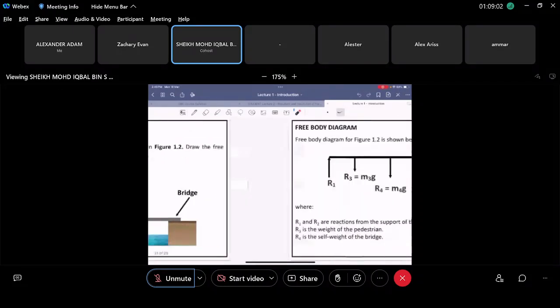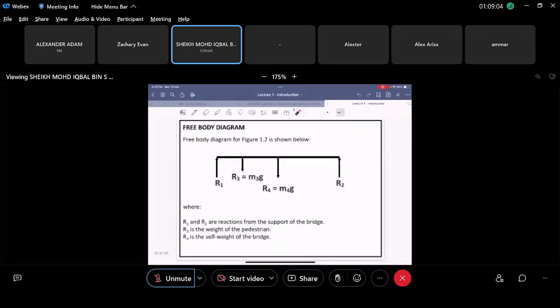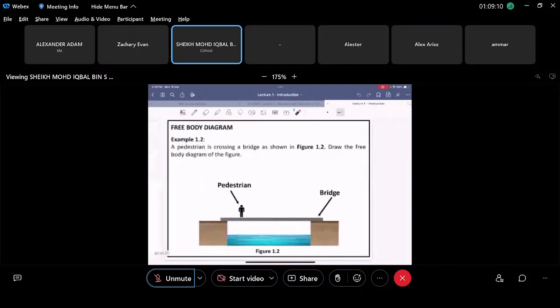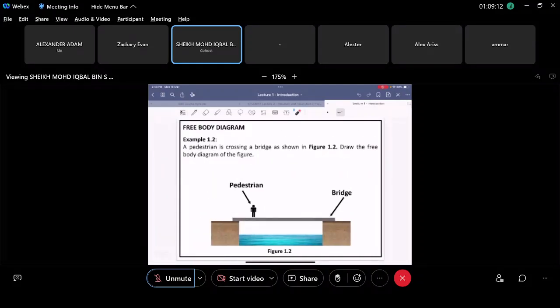Okay, so this is the free body diagram, right? So as you can see here, this one is easier on the eyes, right, as compared to this one. If I put on values here, right, for example, this is 20, this is 30, this is 40, this is 50, right? It's going to be hard for us to analyze the whole system, right?